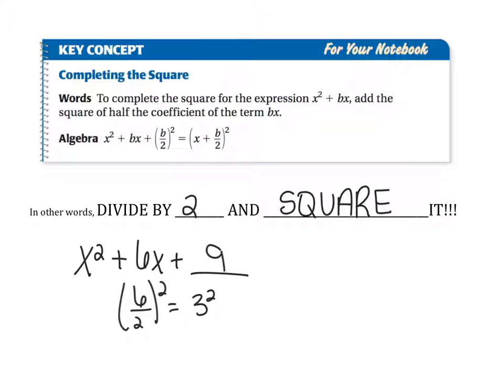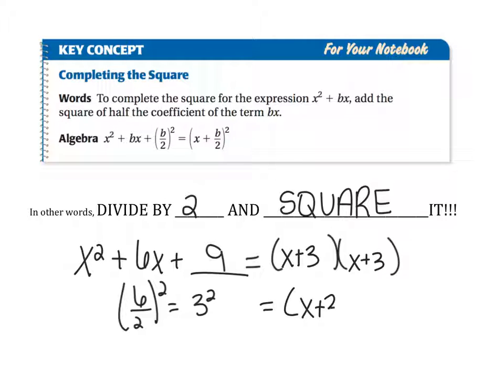So when I break it down and I want to factor it, I would figure out what 2 numbers multiply to give me 9 that add up to give me 6, which would be 3 and 3, which gives me my perfect square trinomial broken down into factored form. So again, we're trying to figure out what we're going to add to x squared plus bx to make it a perfect square. Let's see some more examples.